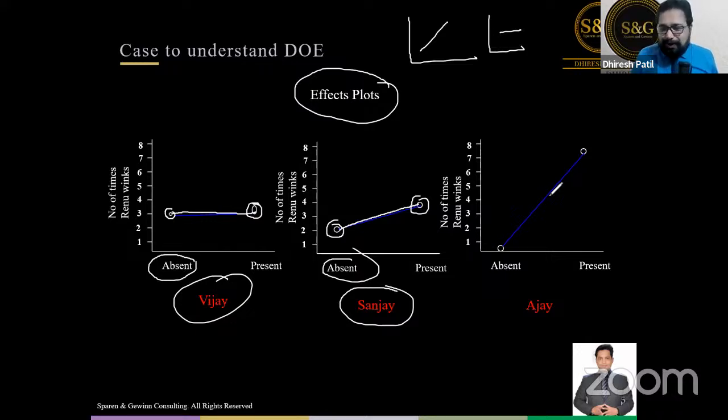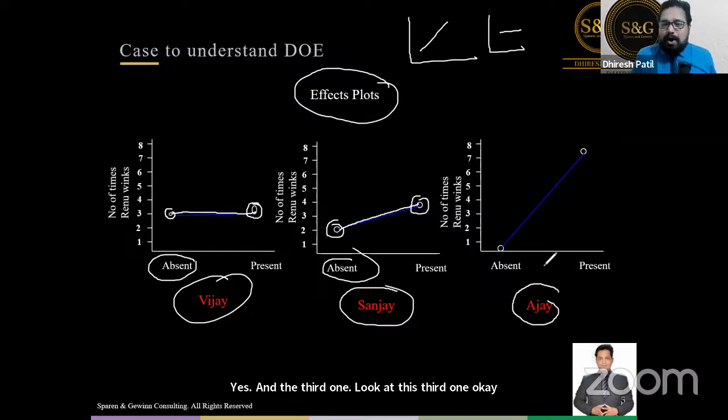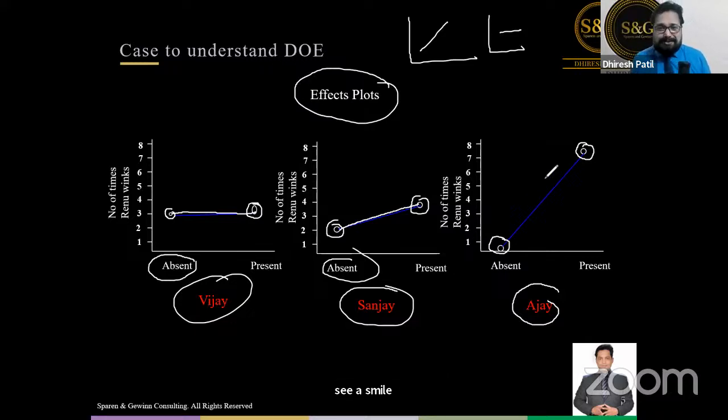Yes, and the third one, look at this third one. So Ajay, when Ajay was absent, Sia smiled only once, but when Ajay was present, Sia smiled 7 times, massive 7 times.